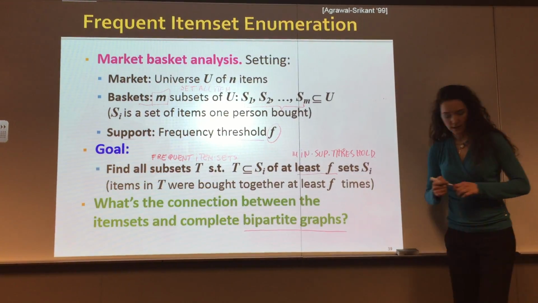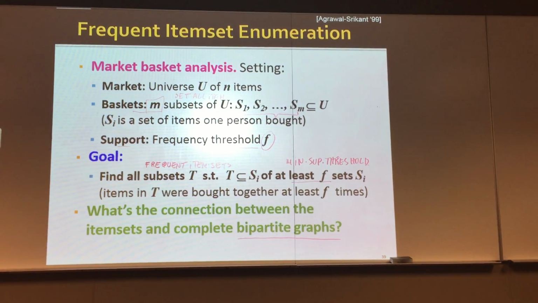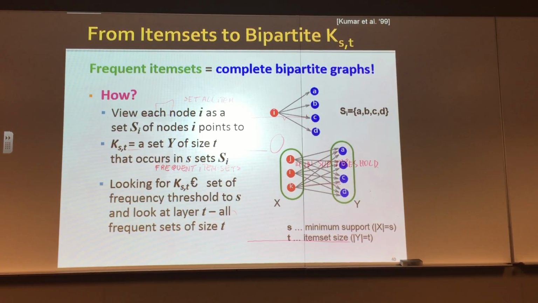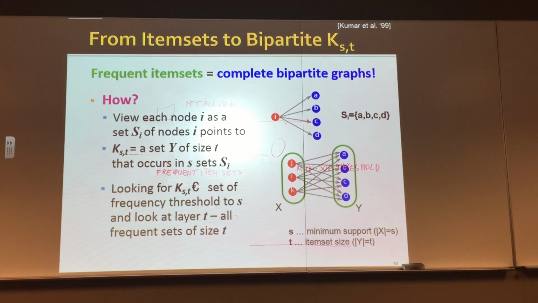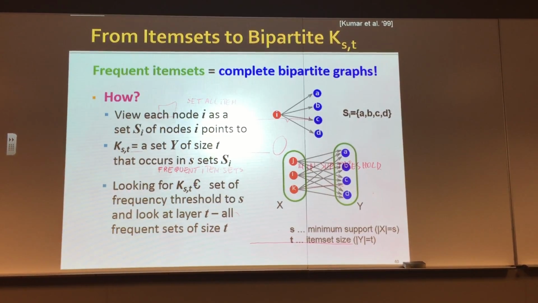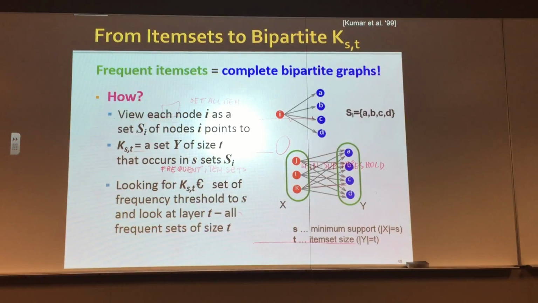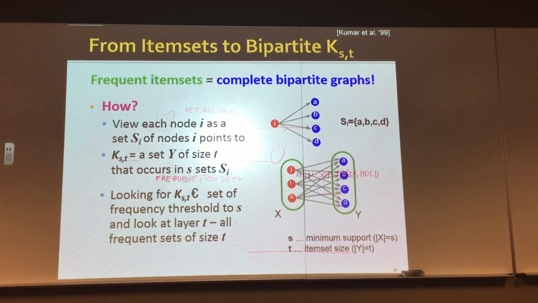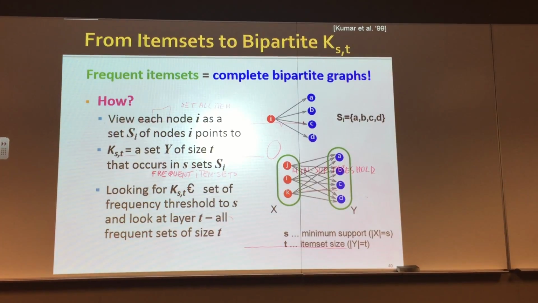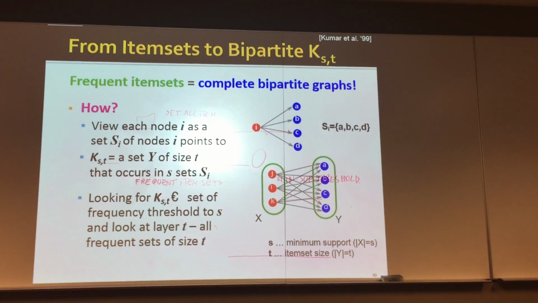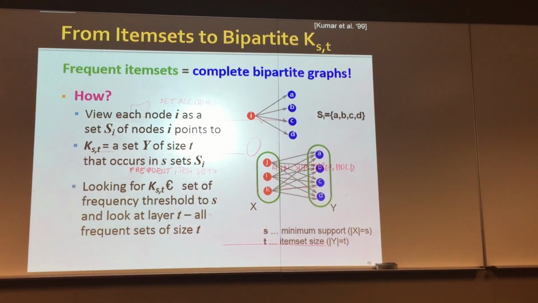Bipartite, which means they have 2 parts, one on the left and one on the right. So each node, we will view it as a set, and the node will be considered our market basket. So the node is going to show some items inside of it.